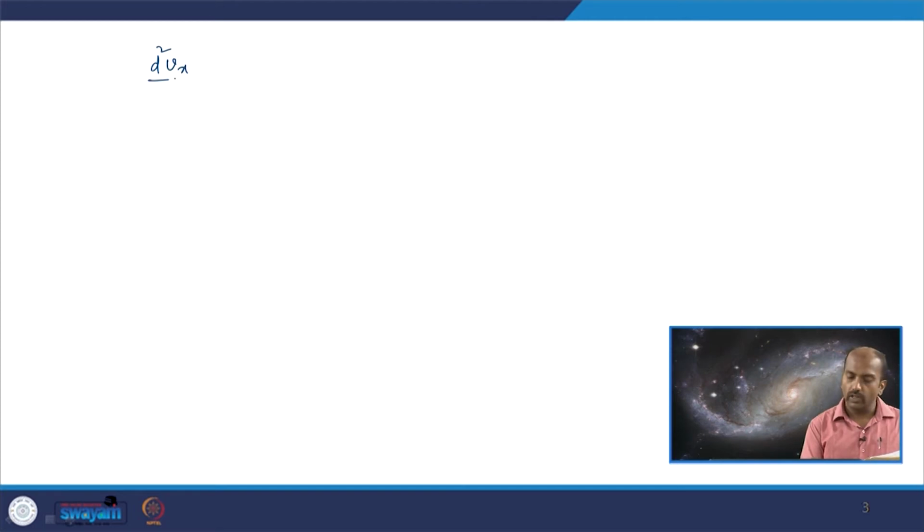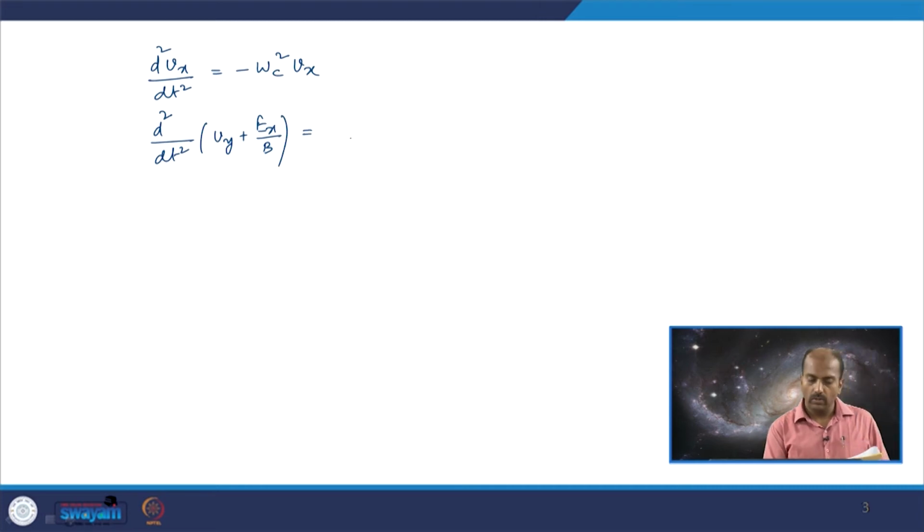So d square Vx by dt square is equal to minus omega c square Vx is the first equation that we have got, and similarly the second differential equation is d square by dt square of Vy plus Ex by B is equal to minus omega c square into Ex by B plus Vy.